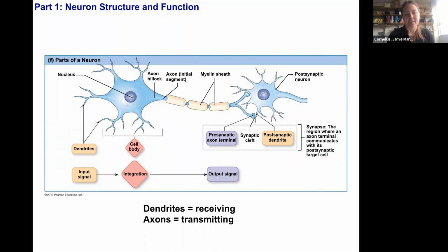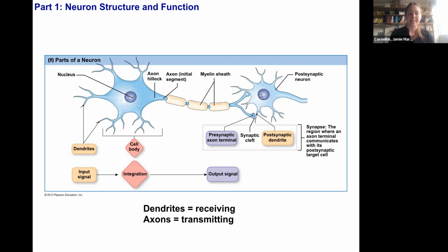And then you have an axon that's going to send the signal from that cell body down to the presynaptic axon terminal, where it will synapse onto the next neuron, called the postsynaptic neuron in this circuit.